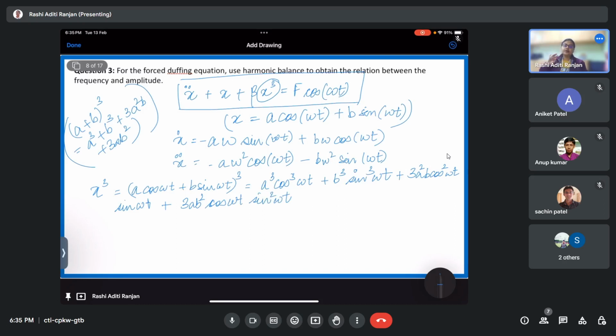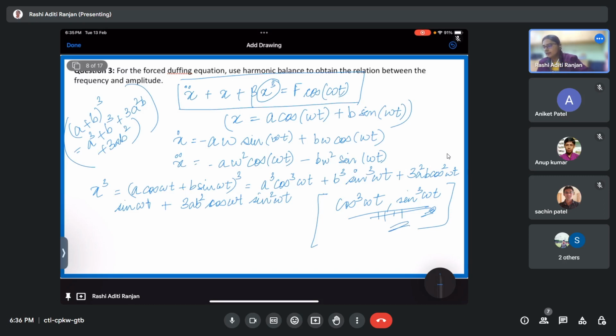Okay, clear? Now, if I use the trigonometric functions, for example, for cos cube omega t and sine cube omega t, I'm not explaining these formulas because I'm assuming that you know them. And if in any case you have any doubt, you can ask in the next class. But for now, I'm not expanding and telling how it is going to come.